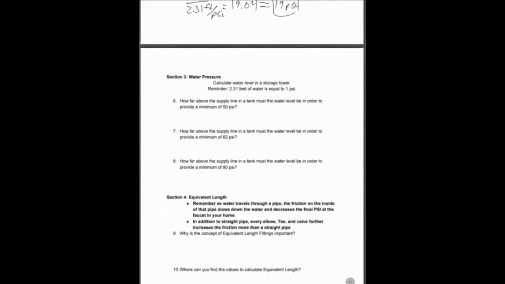But we're kind of doing a back calculation. So how far above the supply line in a tank must the water level be in order to provide a minimum pressure of 50 psi? So instead of having the head and calculating the pressure, we have the pressure. We want to know what the head is going to need to be.